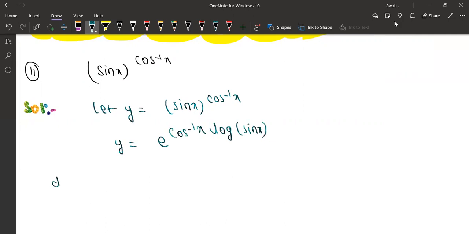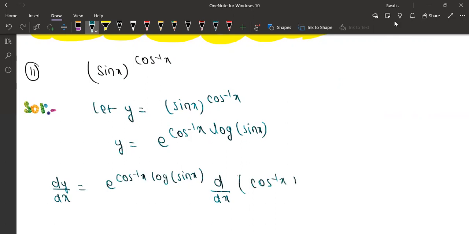Now we'll do the derivative. So dy dx, the exponential function will be as it is, e raised to cos inverse x log sin x. And then using the chain rule, it will become multiplied by derivative of this function, that is cos inverse x log of sin x. So now we can write down this function as the question only.